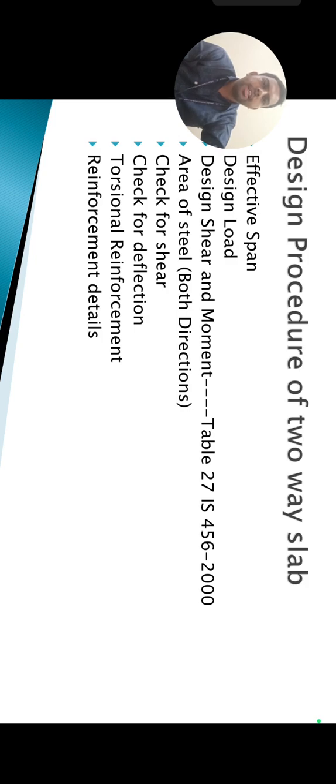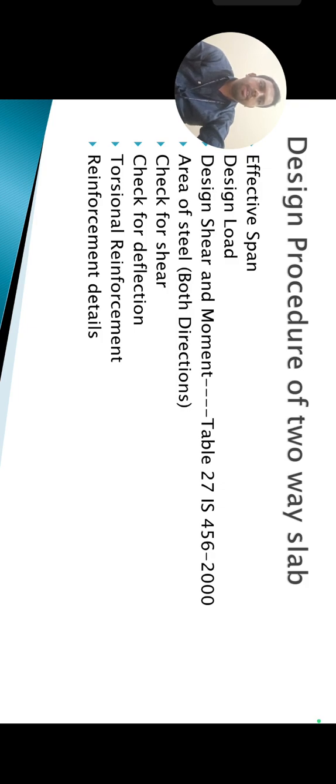After getting the design load, you have to consider the design shear and moment. Here, depending upon the shear and moment conditions, it should be a two-way slab. We have to consider along the x direction and along the y direction. Alpha x w lx square is considered for the shorter direction, and alpha y w lx square is considered for the y direction.